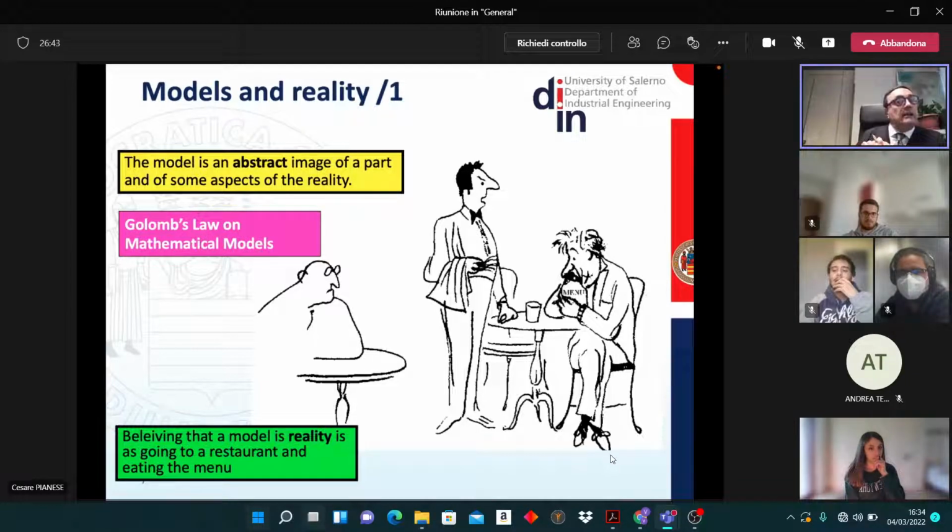Then we have lasagna. Lasagna is very thin sliced pieces of pasta with sauce, with meat or whatever, and then you put the list of the ingredients. So you are improving the representation of the reality. But still, it is a representation.